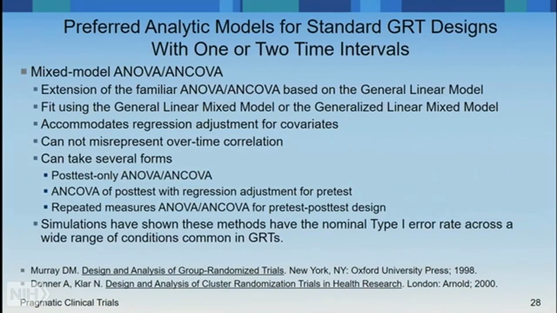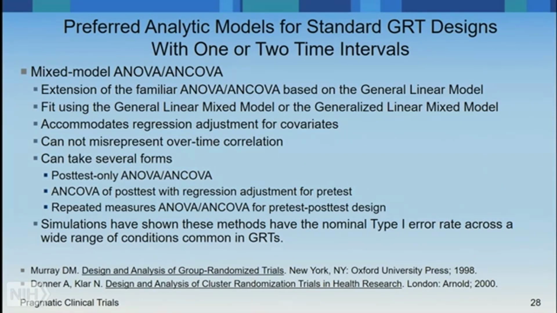What about analytic methods for these studies? We know from a variety of papers published over a couple of decades now that mixed models work very well for group randomized trials, whether parallel or stepped wedge, and for individually randomized group treatment trials.